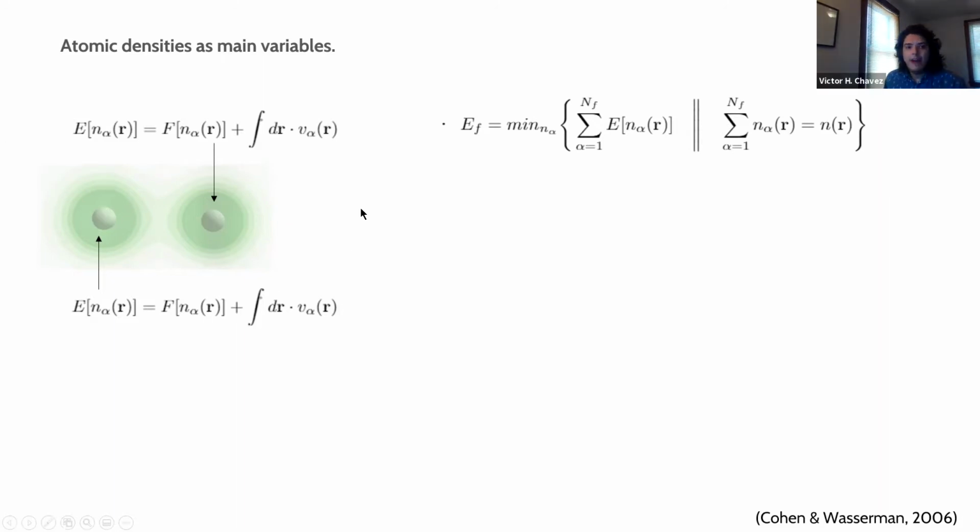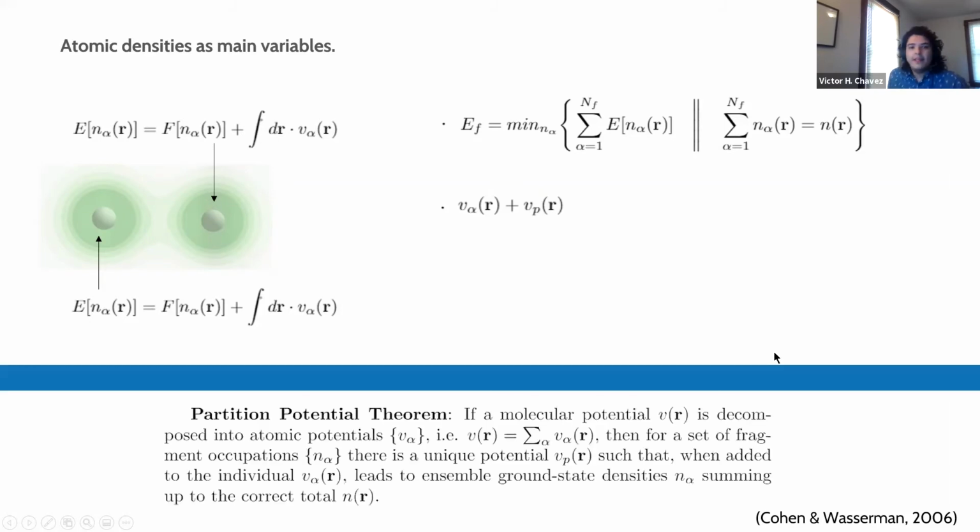Isolated fragments should be the true ground state of the external potential for each fragment. But once I add this extra constraint, in order to have the true ground state I'll need this extra component, which is the famously known embedding potential, or in our work, we call it the partition potential. And this leads us to the partition potential theorem.